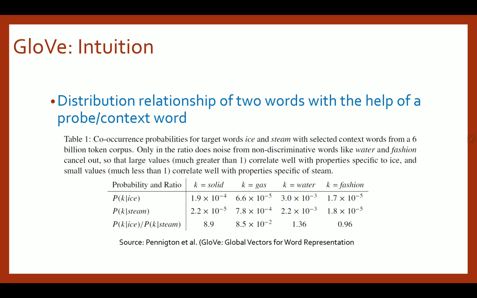Now we will look into the example, or the intuition, behind GloVe. The main idea is to look for the relationship of two words with the help of context words.